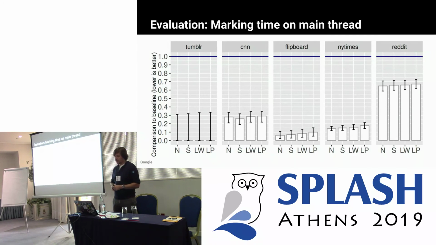And here it turns out that all these configurations perform, I would say, roughly equally well. What you see here, on the y-axis, is a comparison to the baseline configuration, and on the x-axis, the different configurations. We used a Wilcoxon rank sum test to determine whether our results are significant or not. The white box shows a significant improvement here. So what we see is that all these implementations roughly perform the same with respect to main thread performance.